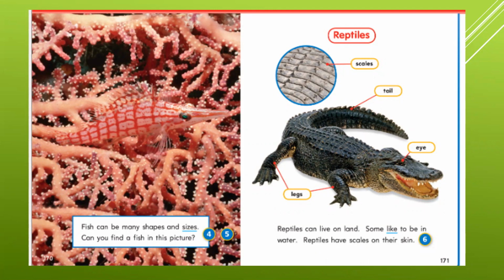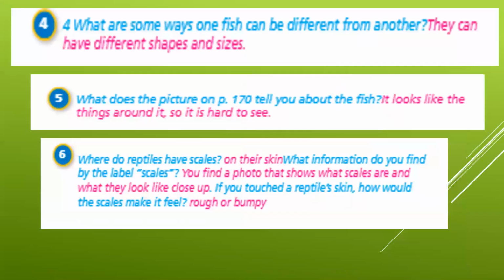The animals in this reptile group can live on both land and in water. All of them have scales on their skin. All the reptiles have tails, legs, and eyes, and also scales on their skin.